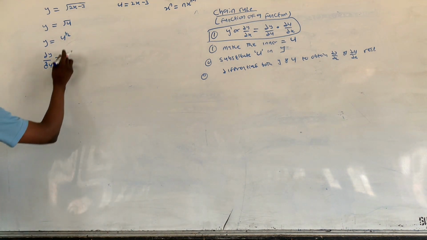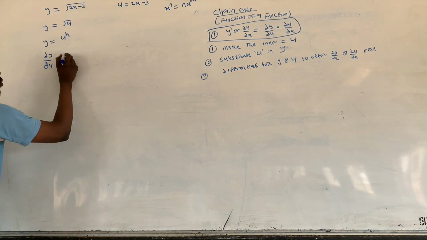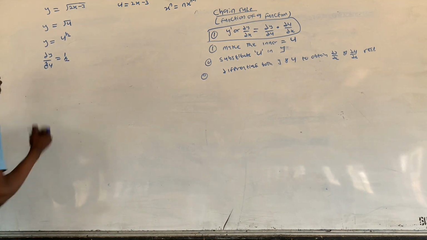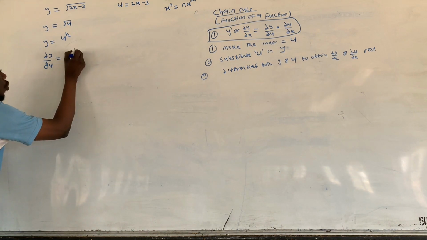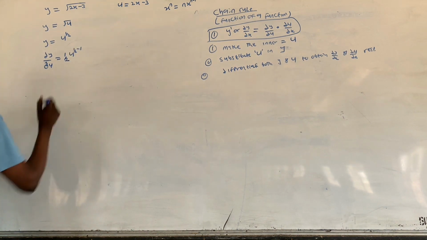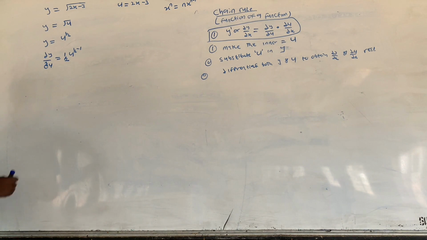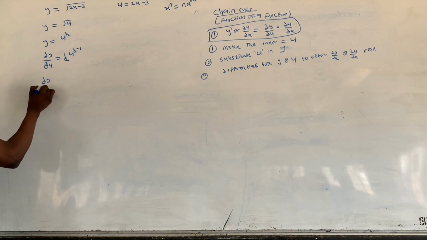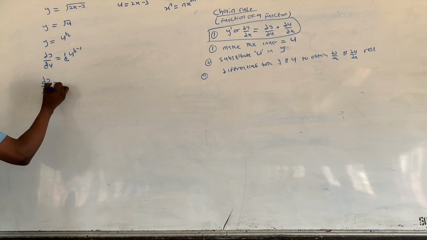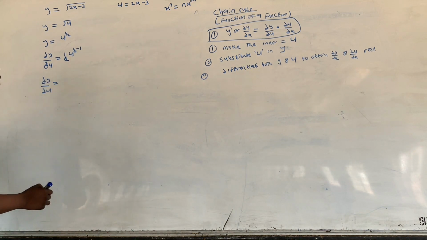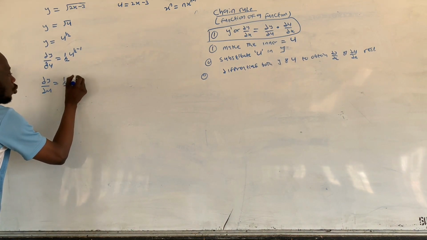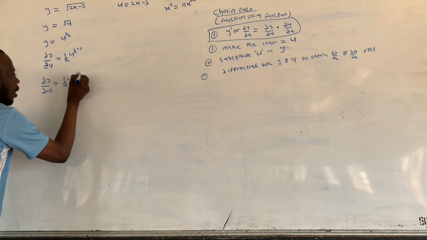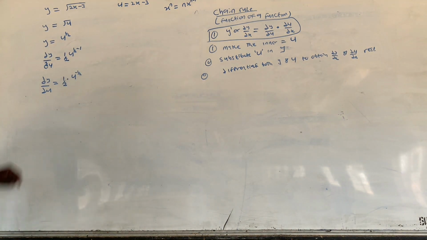Here we multiply by 1 over 2, and we have u to the power of 1 over 2 minus 1. Here we have dy over du equals 1 over 2 times u to the power of minus 1 over 2.